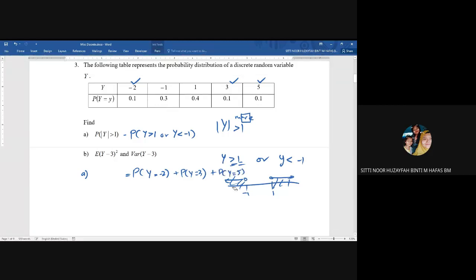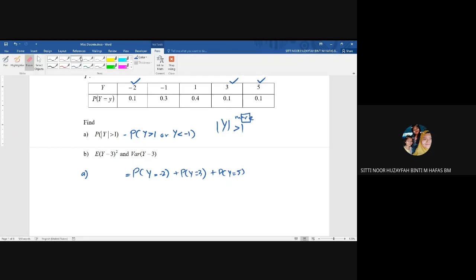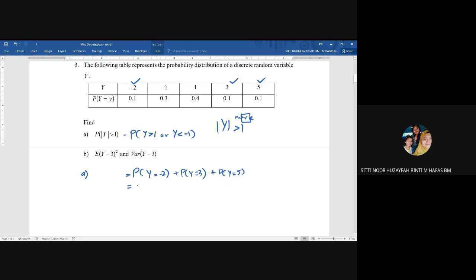So total up everything, we get 0.1 plus 0.1 plus 0.1. So the answer will be 0.3. This is for question A.